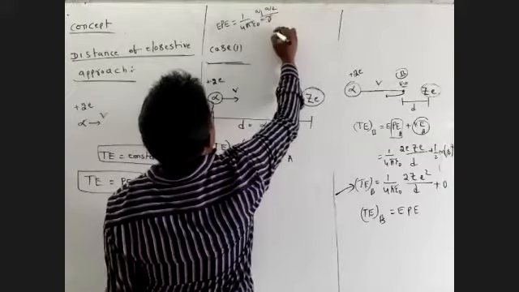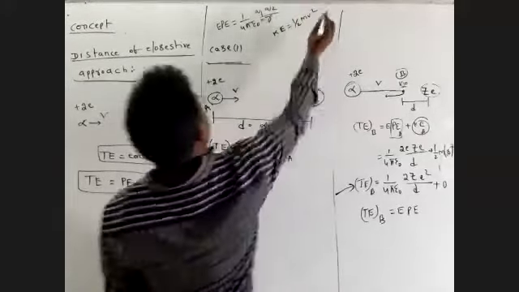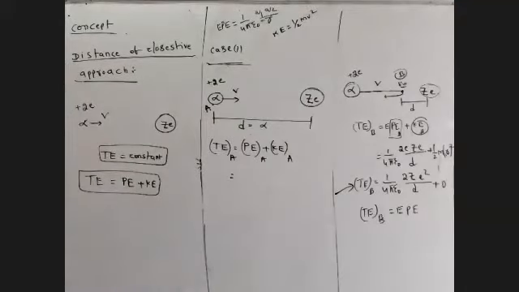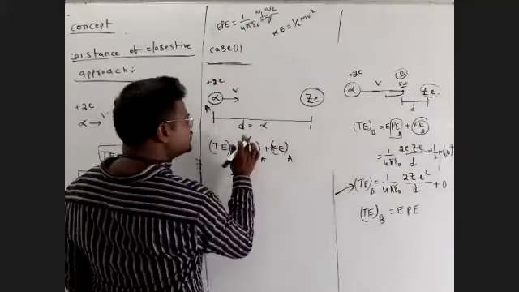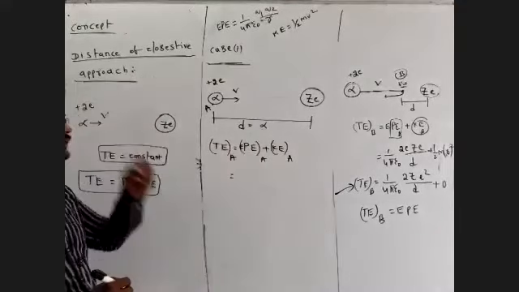Kinetic energy is half m v square. This is what we call electrostatic potential energy.